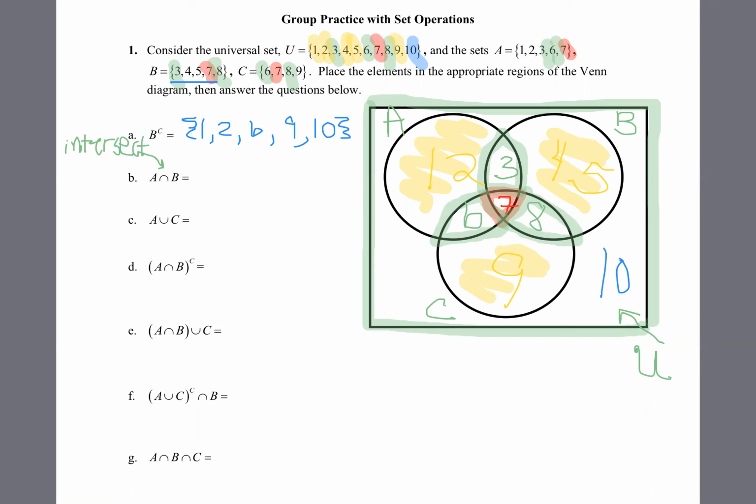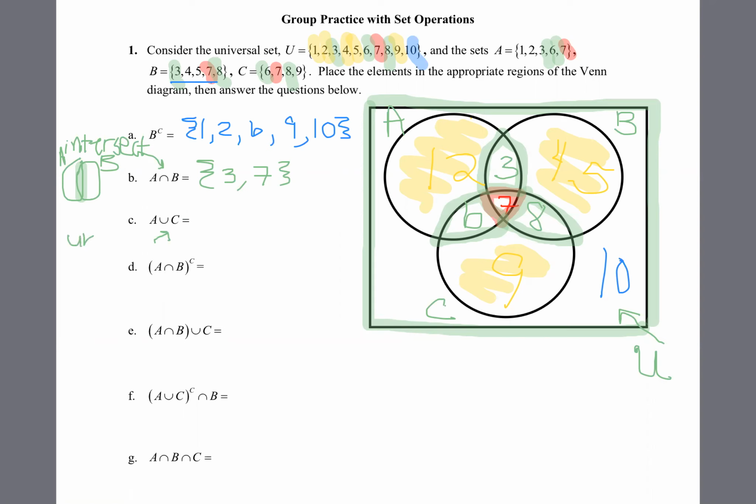So it means where A and B overlap. So here was A, here was B, and it's just the 2 that they're overlapping on, that 3 and that 7. So for that one, I'm going to put 3, 7.